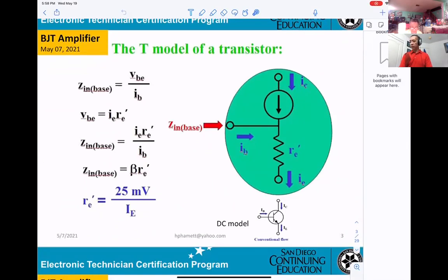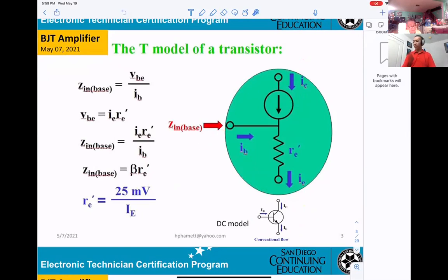So basically, you can see the transistor; you write normally this is a transistor. However, if you want to do the amplifier, they convert it to the AC, and now it will look like this one right here. This is the collector, this is the base, and this is the emitter.